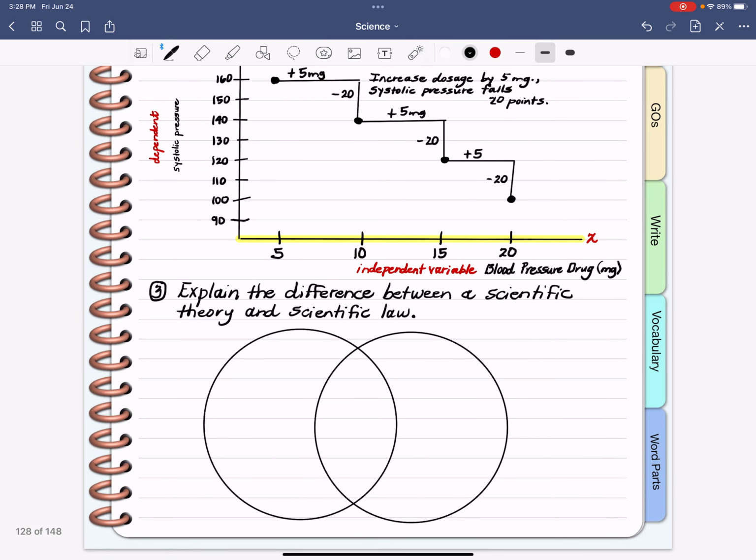Okay, this last one says to explain the difference between a scientific theory and a scientific law. Now, when I saw the word difference, I drew the Venn diagram. So let's complete this Venn diagram. On this side, I'm going to put scientific theory.